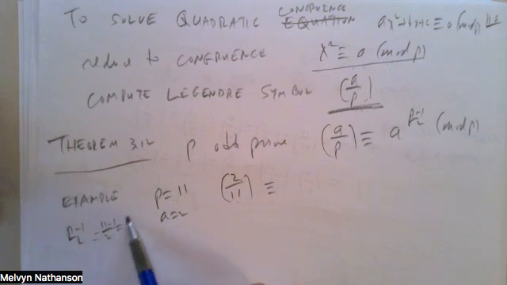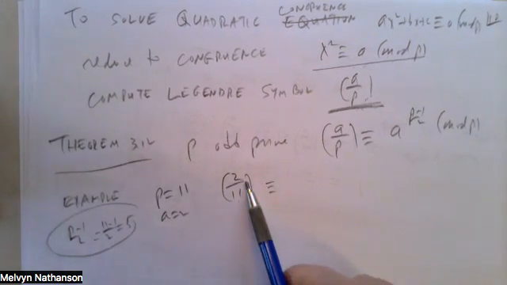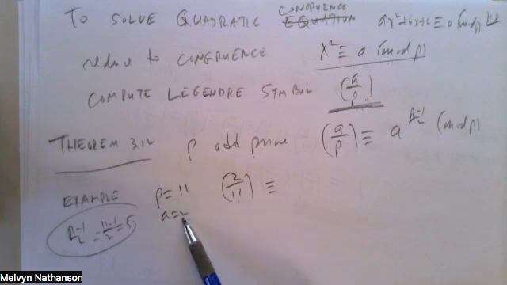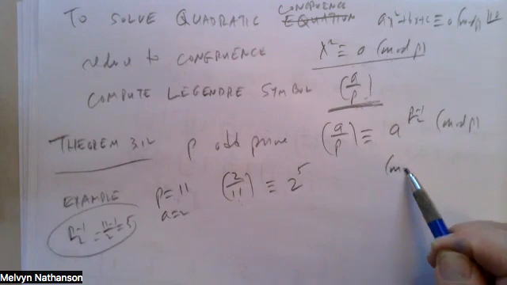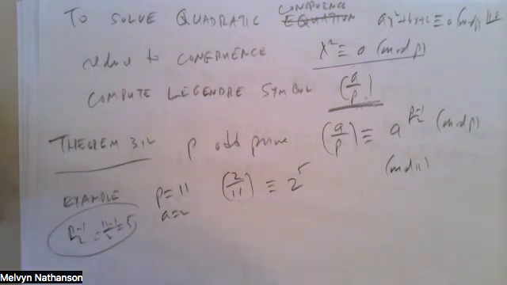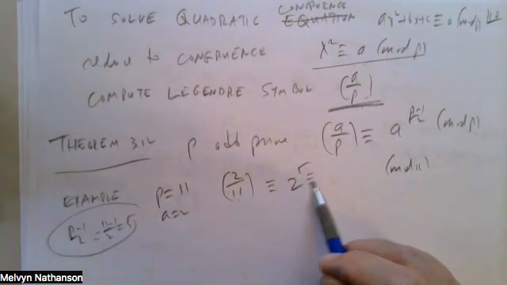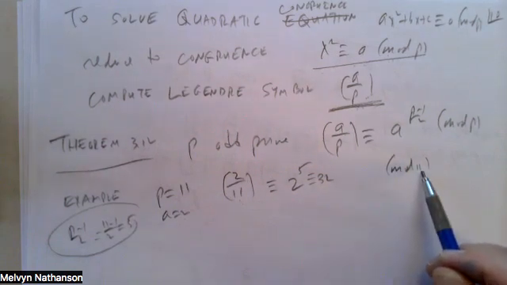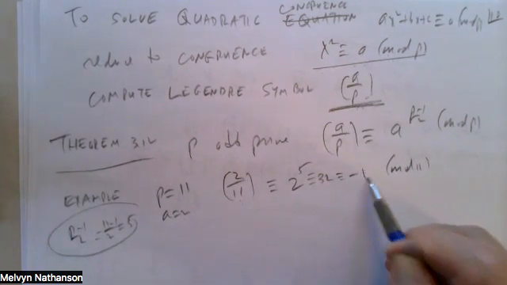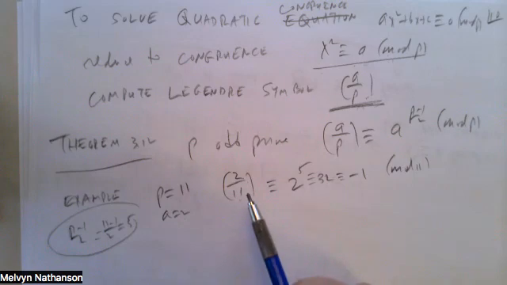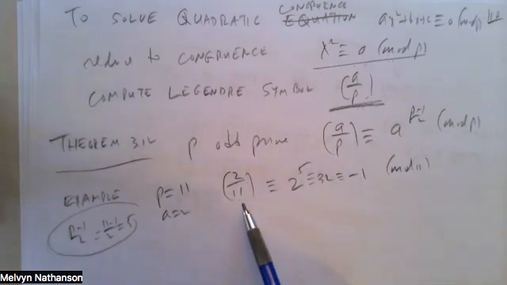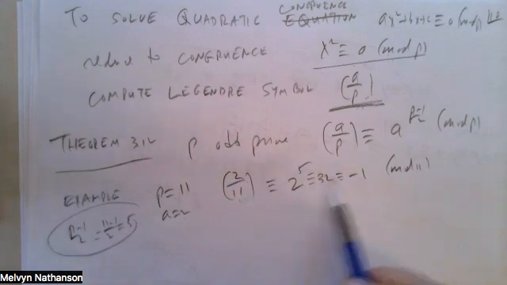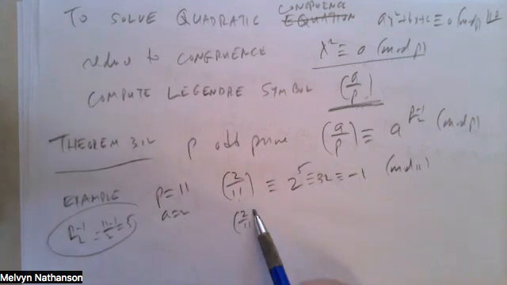That's 10 over 2. That's 5. So 2 over 11 is going to be congruent to 2 to the power 5 mod 11. 2 to the 5th is 32. 32 is minus 1 mod 11. So 2 over 11 is minus 1.